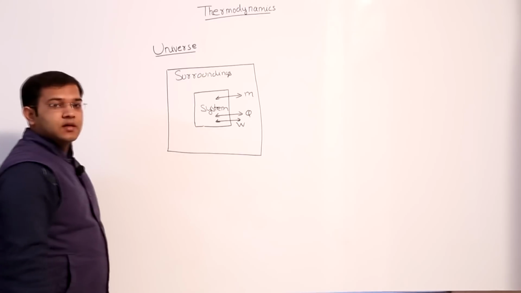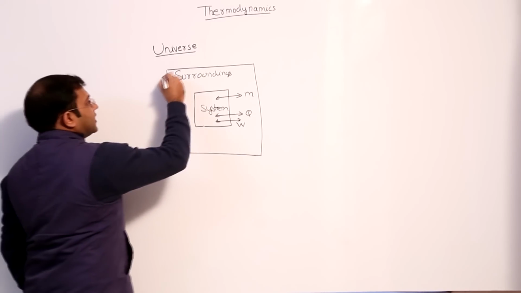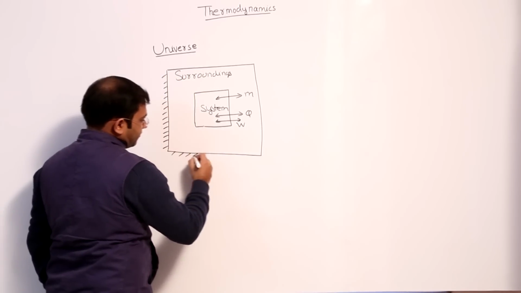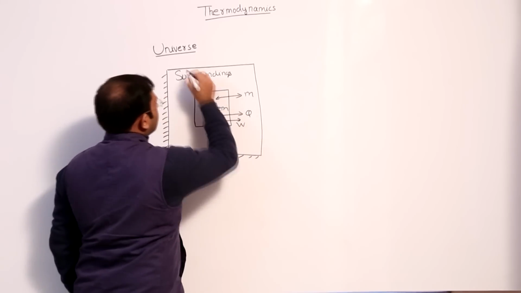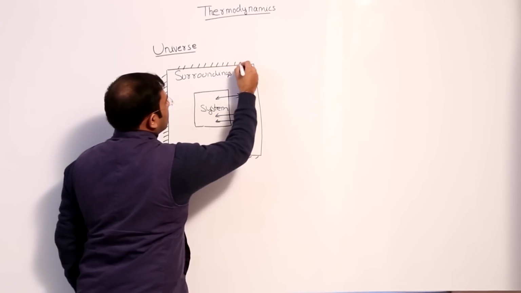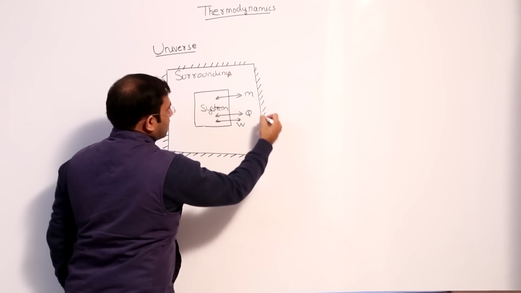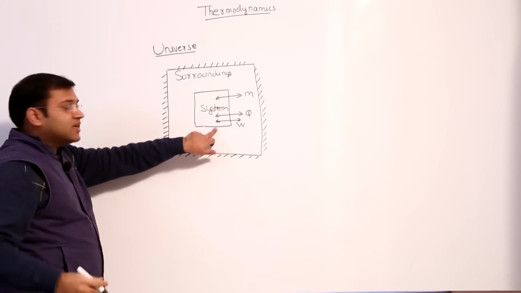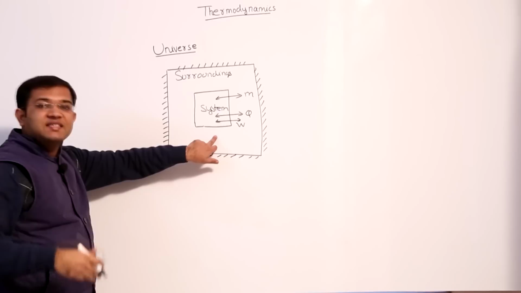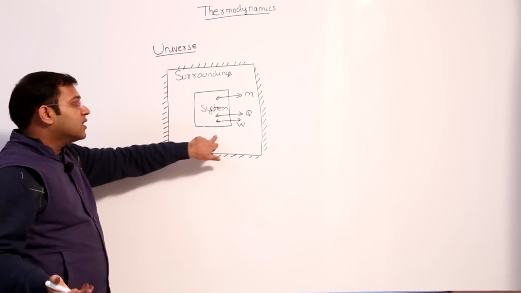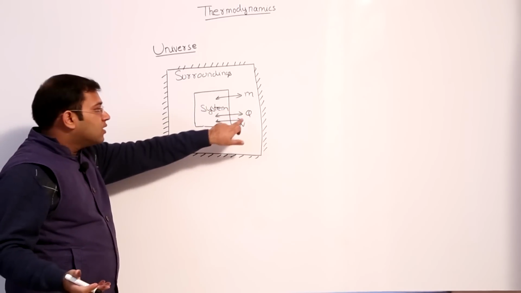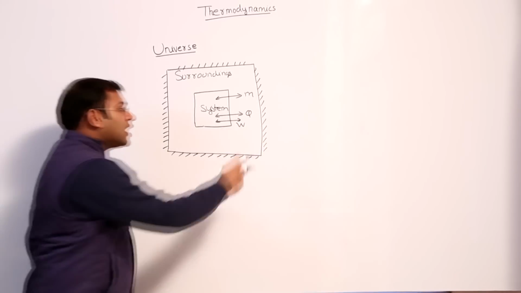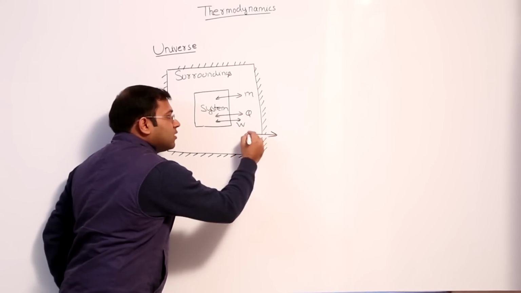Fine. If we together take this surrounding as our system, earlier this was our system, now we have taken system plus surrounding as our system. So there is mass transfer, heat transfer and work transfer within the system, but not across the boundaries of the system.